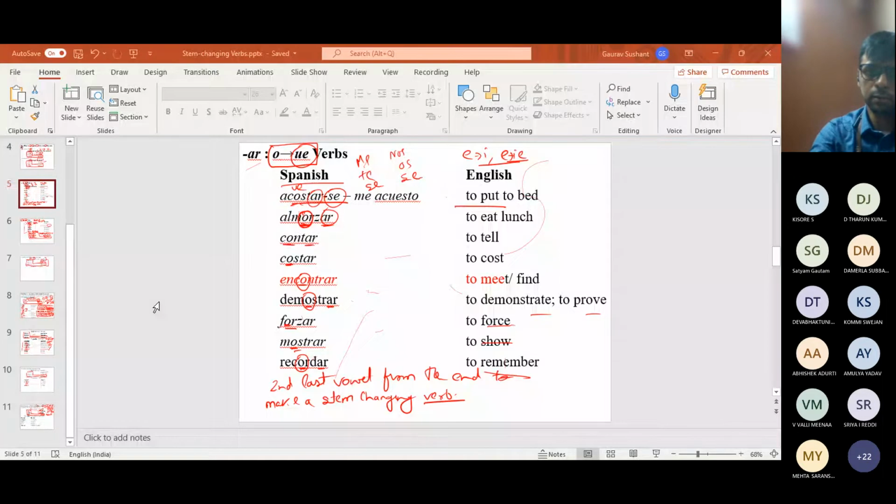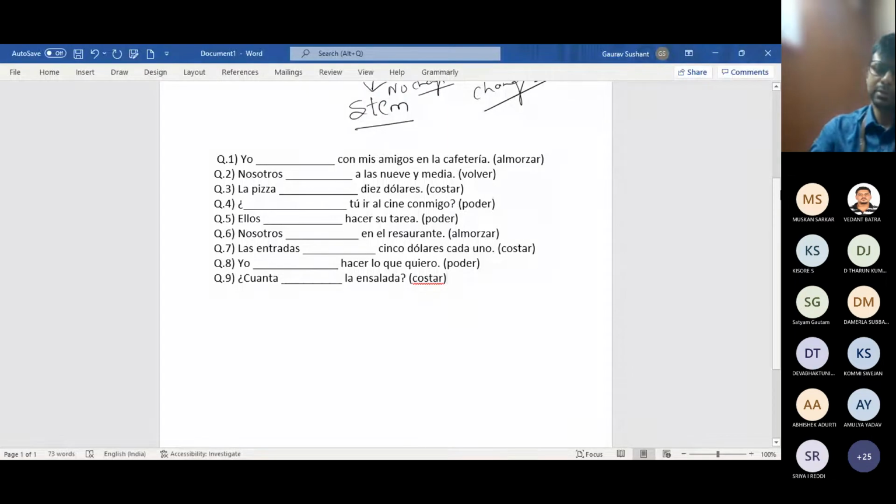Let me make it visible to you all also. AR ending verb and O is changing to UE. That is the only thing which is happening here. One second, let me share. Yeah, so it's a very simple exercise as we have been doing it.